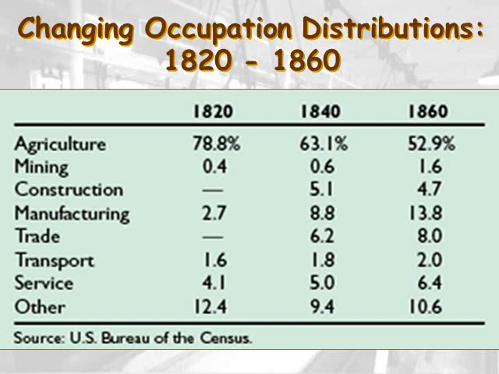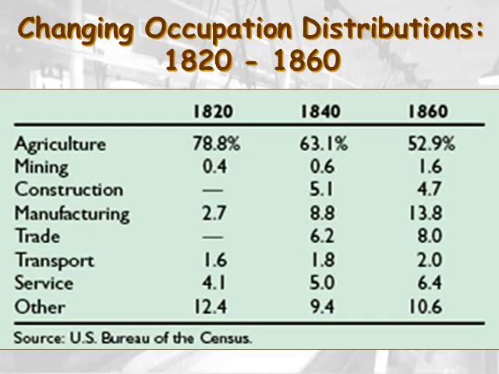And you also have a shift in occupation. In 1820, at the start of the market revolution, according to the census, 78% of the American population had an occupation in agriculture. We were farmers. By the time the Civil War comes around, that number has dropped to 52%.